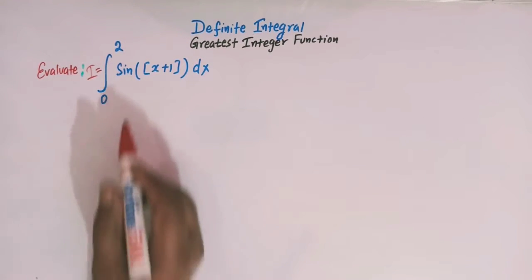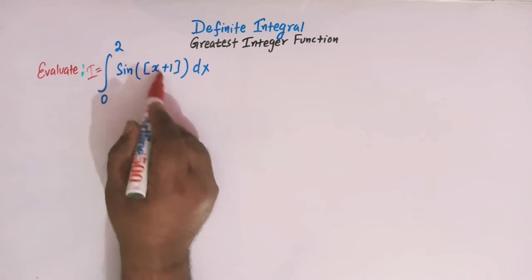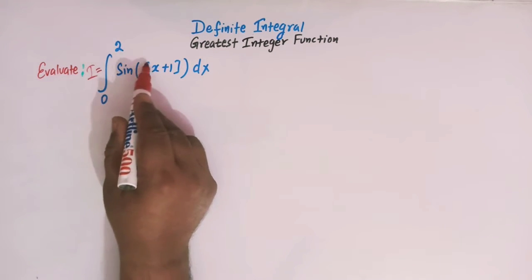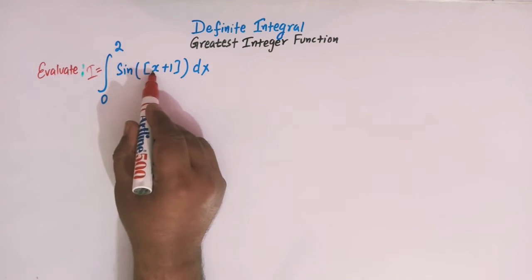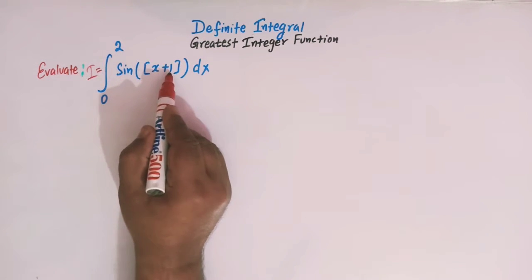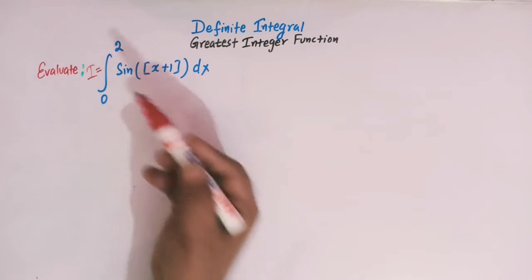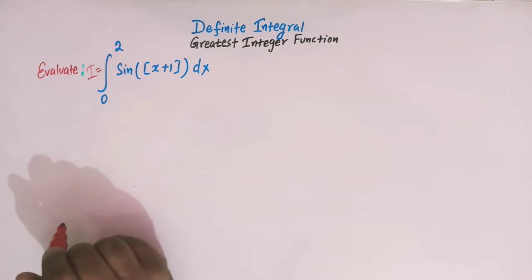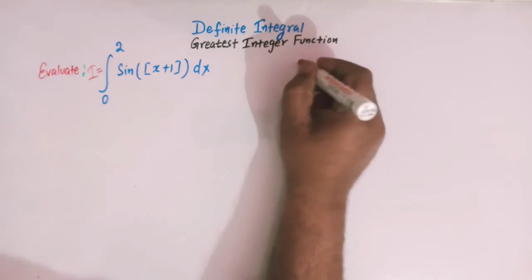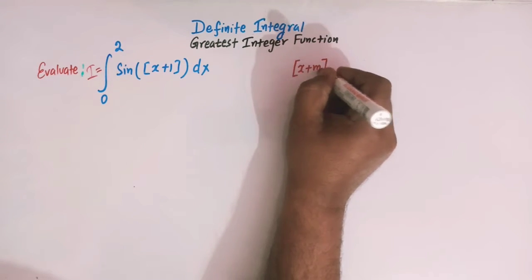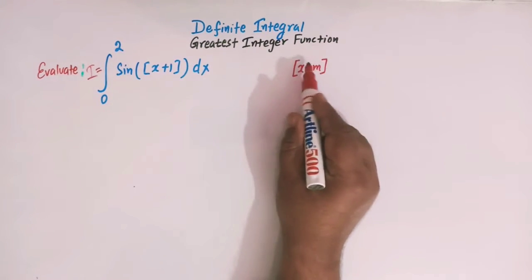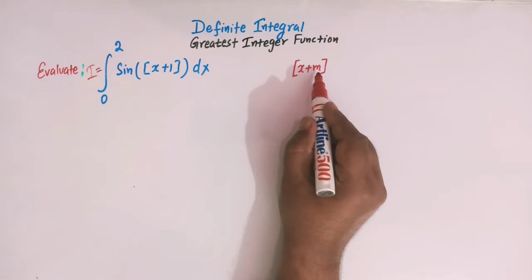Now viewers, here we see that the integrand is sine of the greatest integer of x plus 1. Here 1 is an integer, and we know an important property of the greatest integer function, which says that the greatest integer of x plus m, if we have this expression, can also be written as the greatest integer of x plus m.